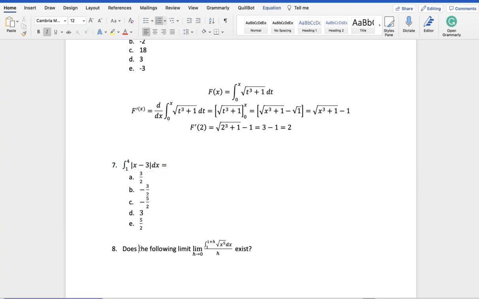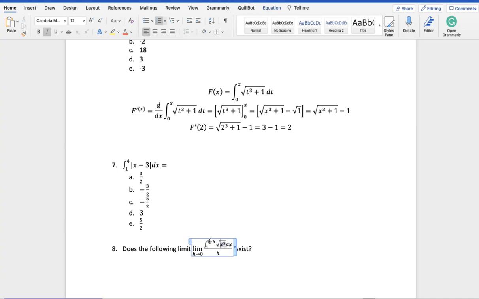For 8, you have the limit as h tends to 0 of the integral evaluated between 1 and 1 plus h of the square root of x to the 5 dx, over h. And they're asking you to see if this limit exists. So the first thing you need to do is evaluate the integral at the top there.